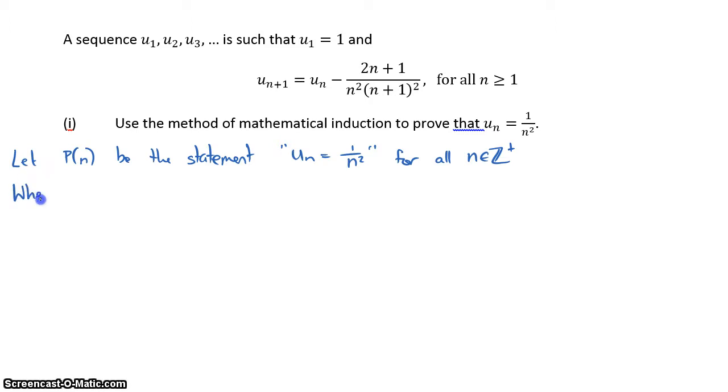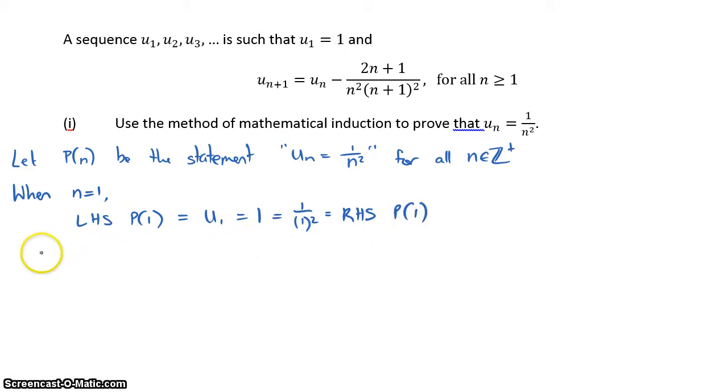So when n equals 1, what do we have? Well, the left hand side of P1 is u1. u1 is equal to 1 by definition, and that is equal to 1 over 1 squared, which is equal to the right hand side of P1. So we've got left hand side of P1 equals right hand side of P1, therefore P1 is true.